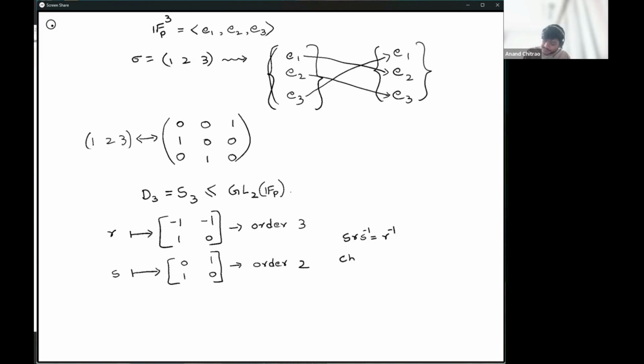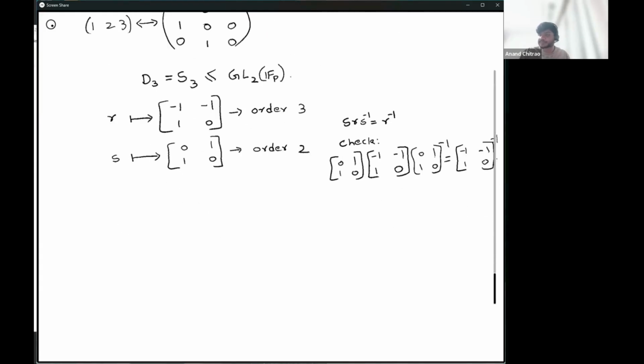So check that (0, 1; 1, 0) times (-1, -1; 1, 0) times the inverse of (0, 1; 1, 0) is the inverse of this matrix. Try to do this.